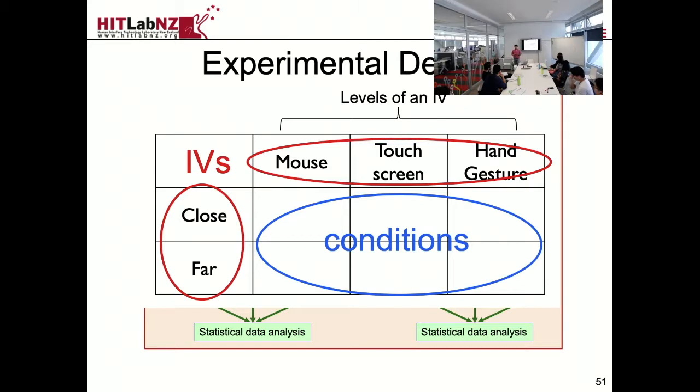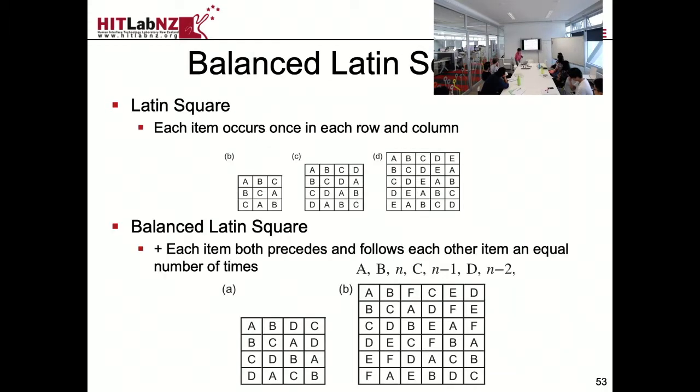Actually, we want to know if we get some result, then we want to say if somebody has a mouse and close distance, then they have something, and if they have a touch screen and close distance, then they have something, and so on. But actually, we don't.